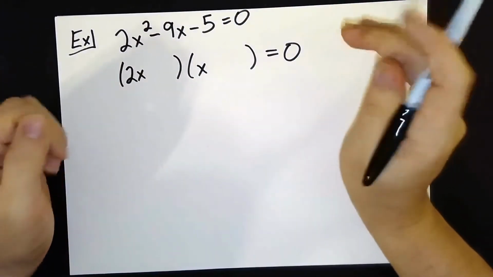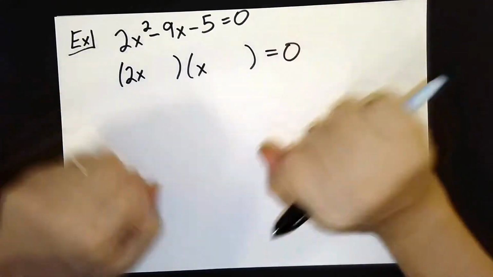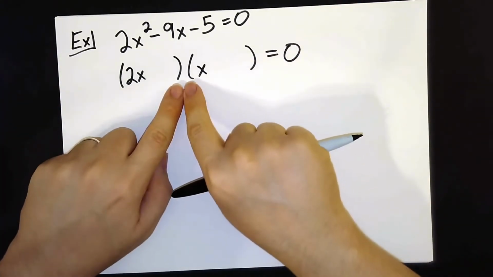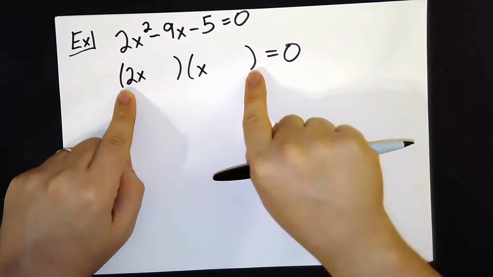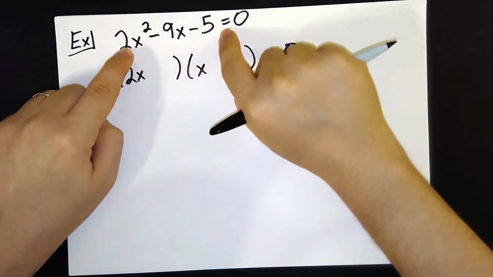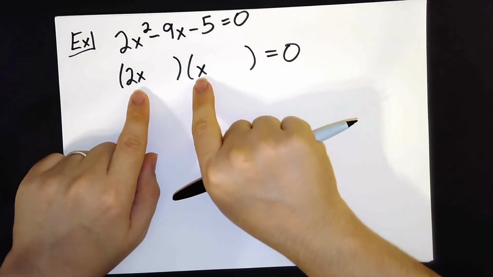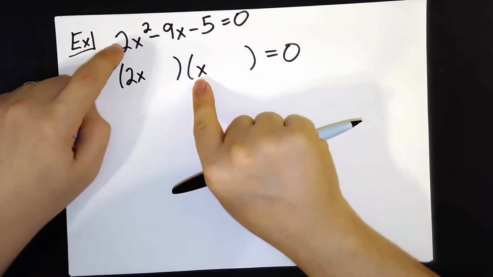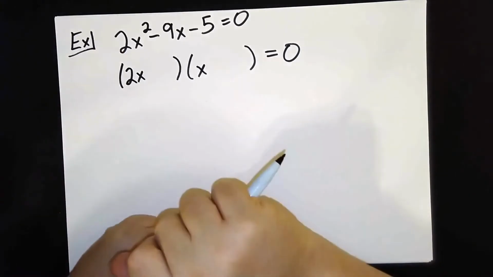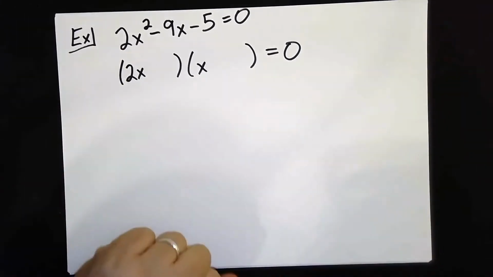Again, think carefully about what you're doing when you factor something. You're really saying at the end of the day, if I FOIL this thing I'm writing down, I'm going to get that. So in particular, I need the first pieces to multiply to give me that 2x squared term at the front. So I'll have a 2x and an x.